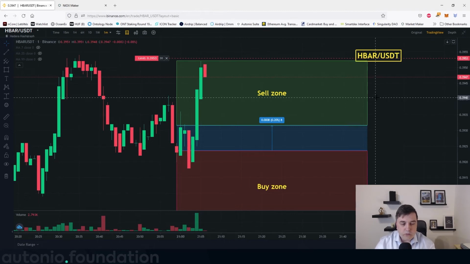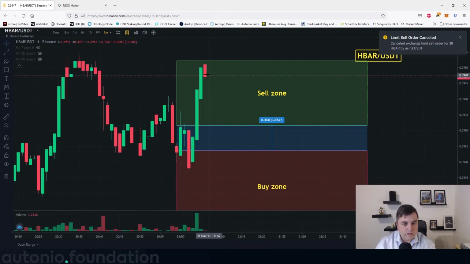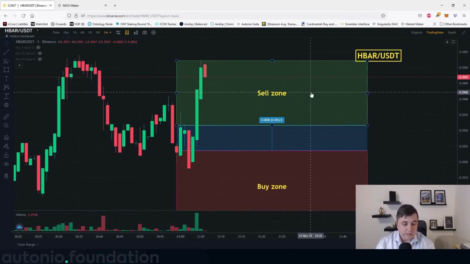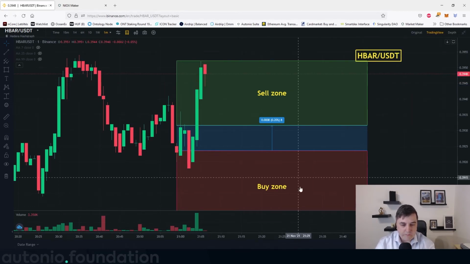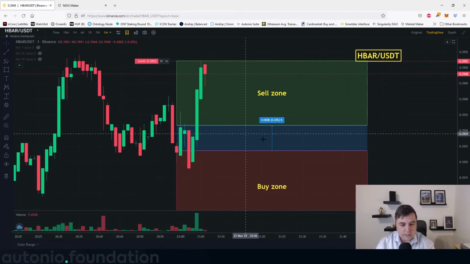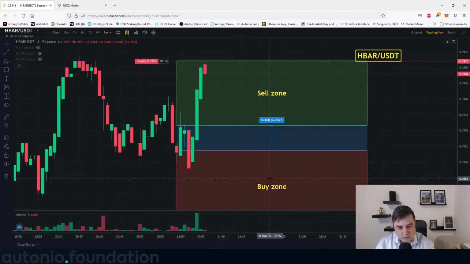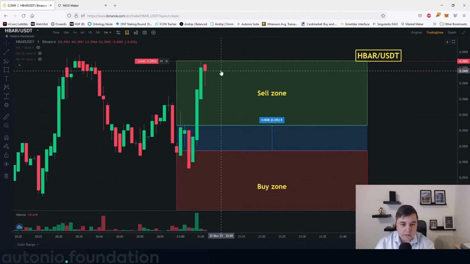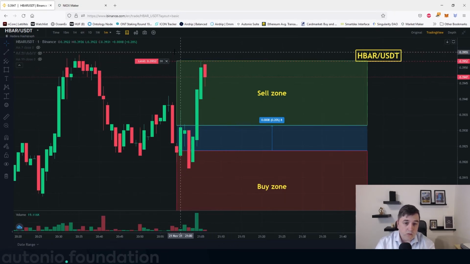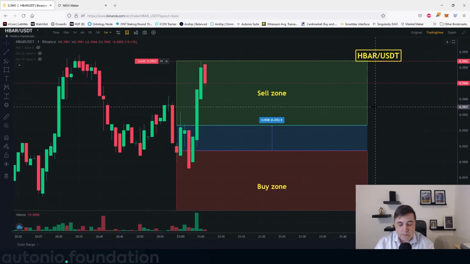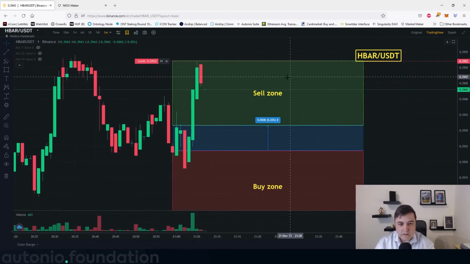Well, if you use TakerBot, it will just buy at a certain level wherever it finds. If it's in a sell zone, the market maker will sell. If it's in a buy zone, the market maker will buy, no matter what, at the market price. But if you use limit orders, then of course you can say, oh, but I missed out on these gains. Well, if you build a long position, maybe it's not really advisable to spend all your money as fast as possible.